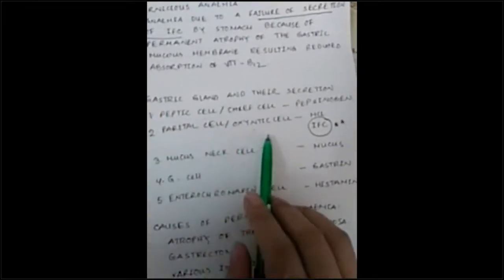The peptic cell or the chief cell secretes pepsinogen. It's a kind of enzyme. Next, the parietal cell or oxyntic cell secretes hydrochloric acid and the intrinsic factor of Castle. The intrinsic factor of Castle is secreted from the parietal cell or the oxyntic cell.